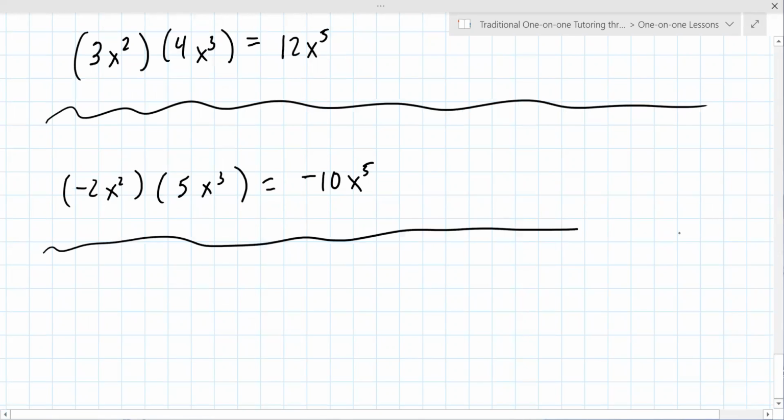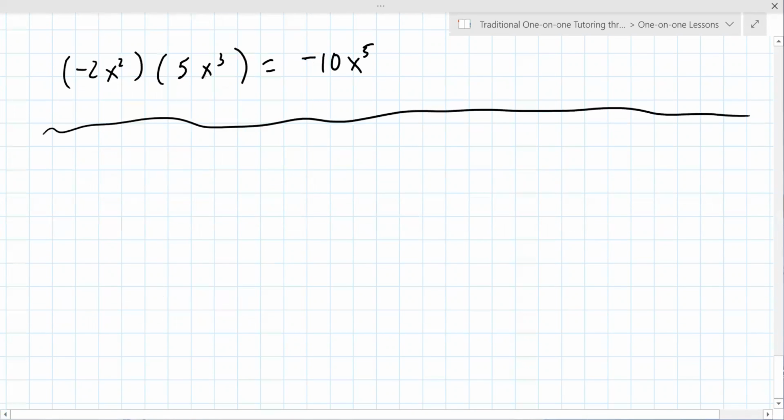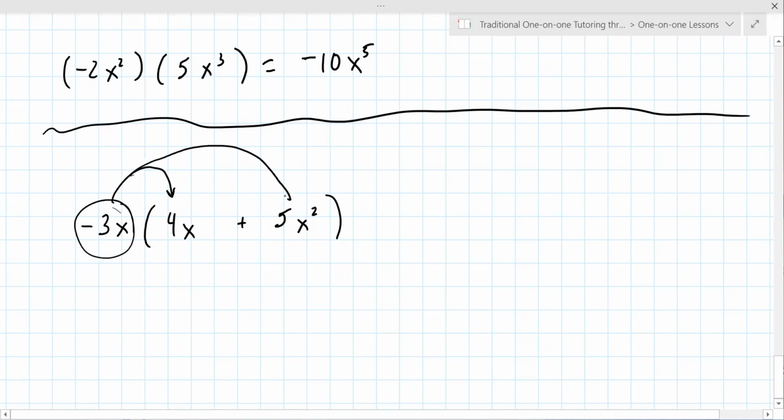All right. So now we can do some of the problems that we were talking about here. So let's say it's negative 3x times 4x plus 5x squared. Maybe you saw this in class. This negative 3x is going to multiply this, and it's going to multiply this next one. So it's effectively like this: negative 3x times 4x, which you already did a problem like that, plus negative 3x times 5x squared.